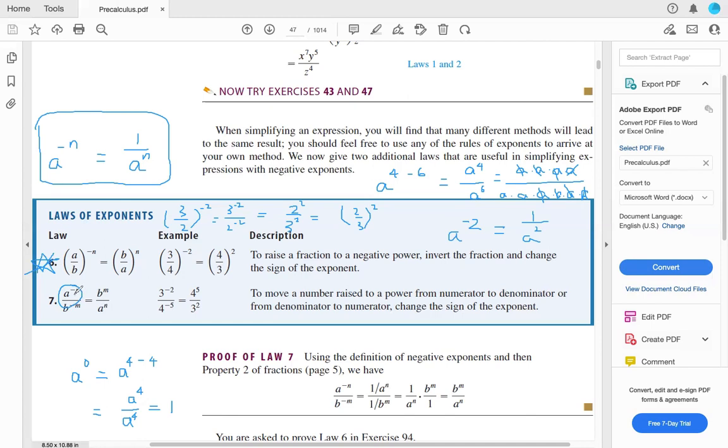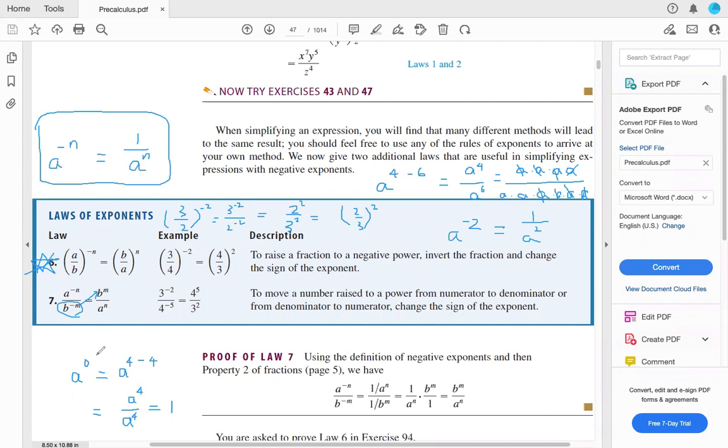You see that if it turns to the denominator, the exponent becomes positive. So if I have b to the minus m, and I want to turn the exponent to positive, I put it in the numerator by saying b to the m. That's why we have b to the m divided by a to the n.